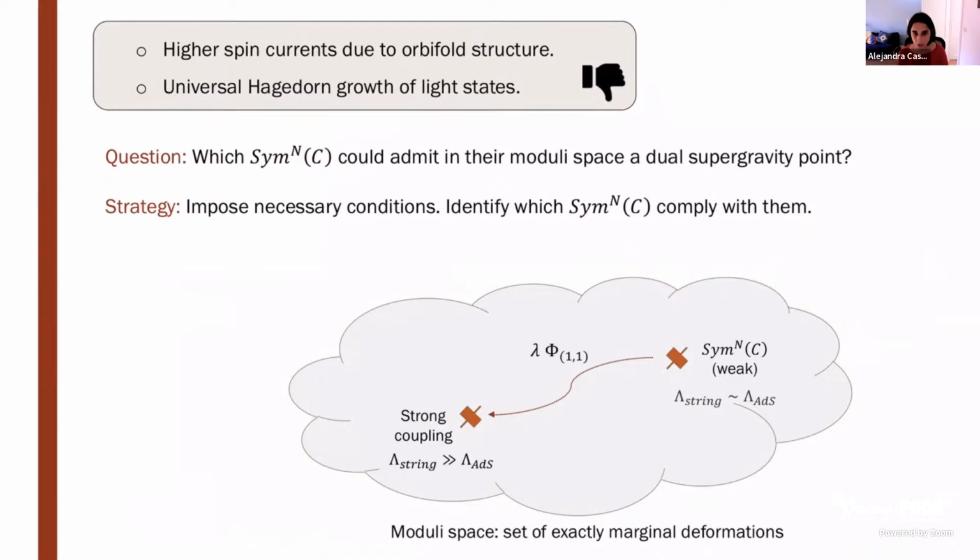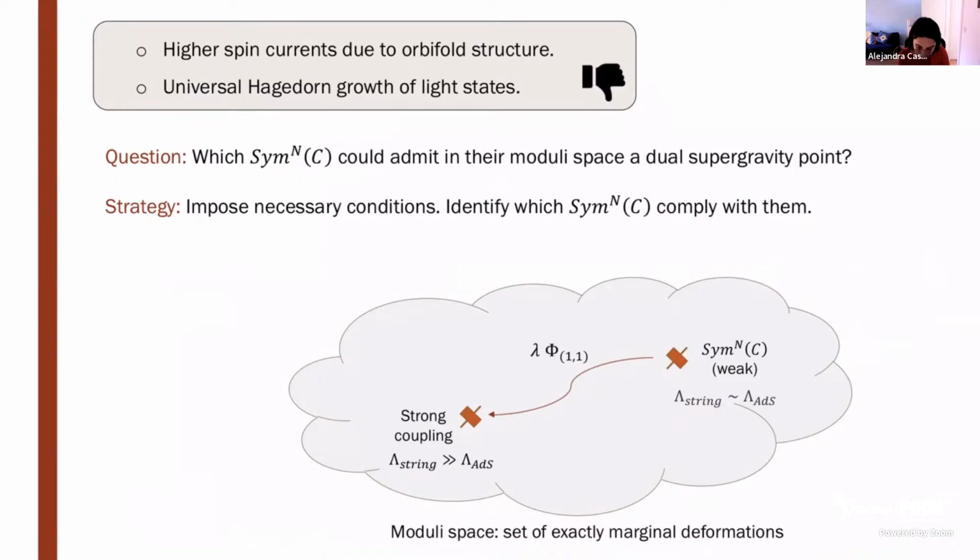So I want you to think of the symmetric product orbifold as being one point in my very ill-defined cloud that I will be calling the moduli space, which is basically a set of exactly marginal deformations. Usually the way we think about symmetric product orbifolds is that they correspond to a weakly coupled point of the theory, where in the known examples the string scale is very similar to the AdS scale.